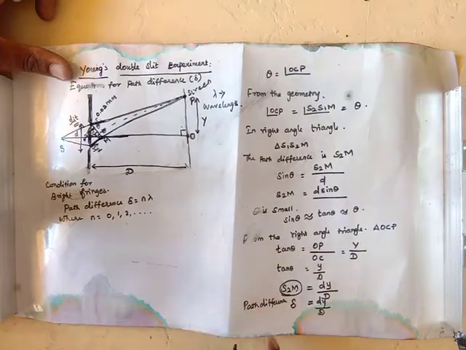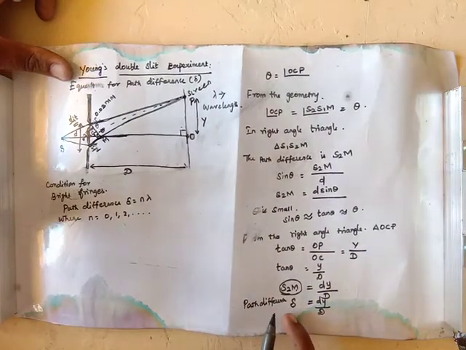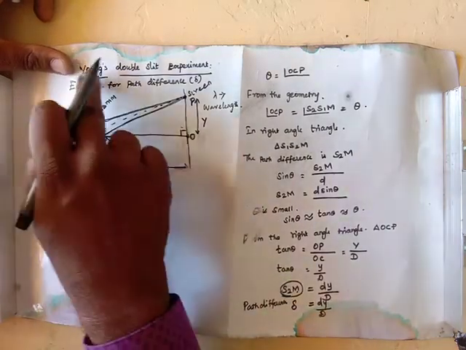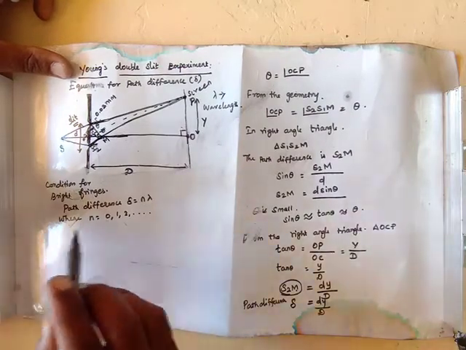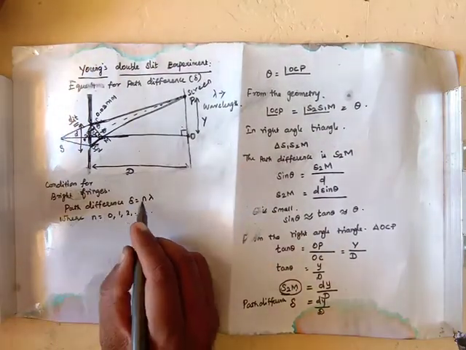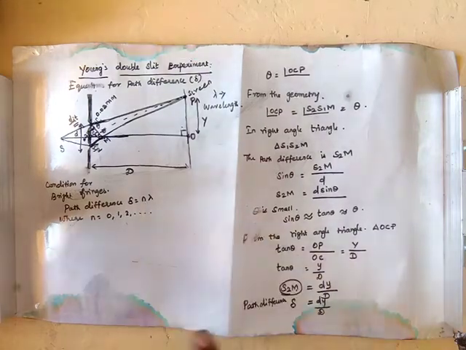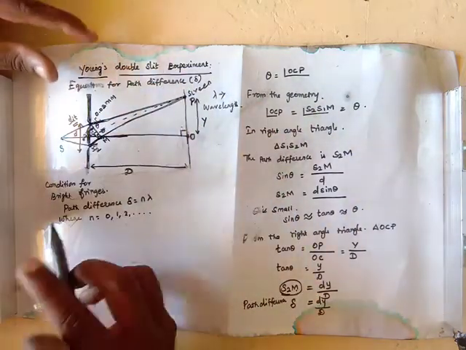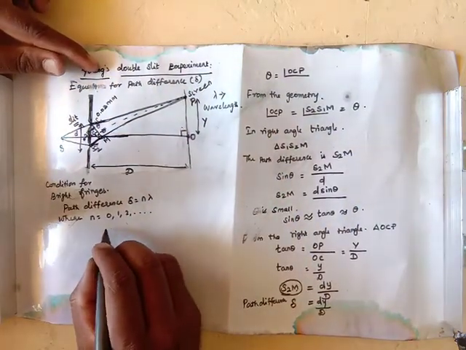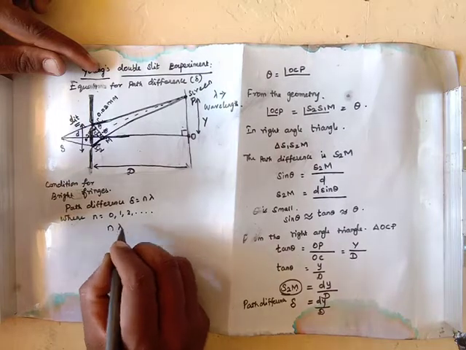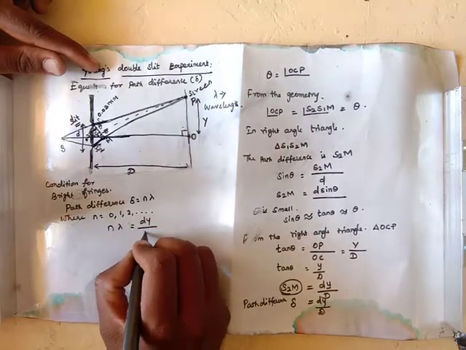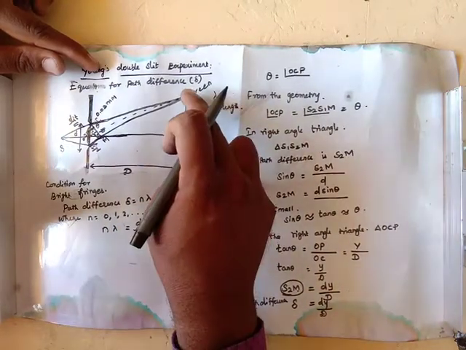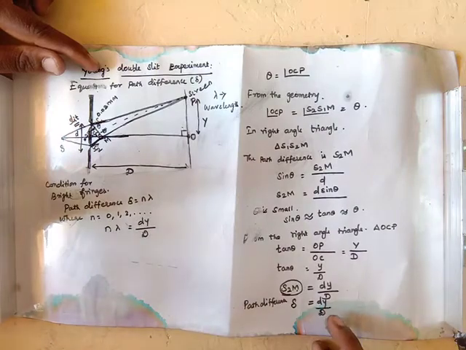This is the formula for the path difference using the Young double slit experiment. If a bright fringe is produced at a point, then n lambda is equal to d y divided by D. Delta is equal to n lambda for the bright fringes.